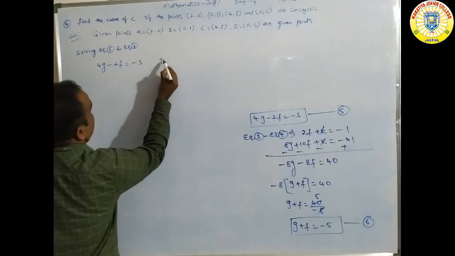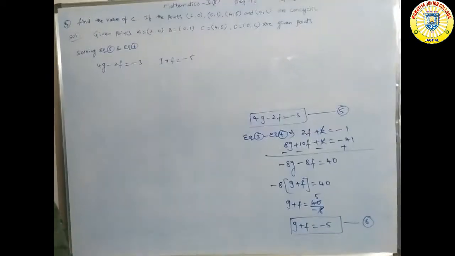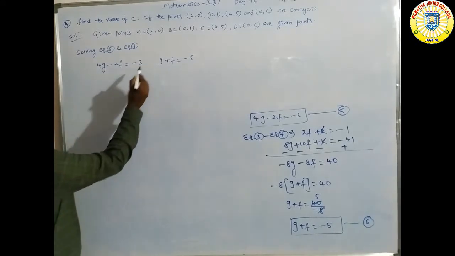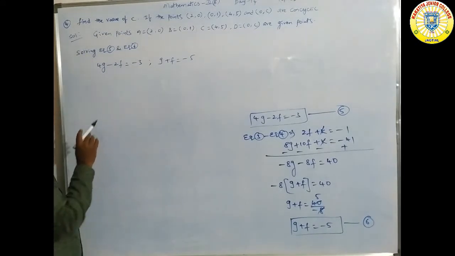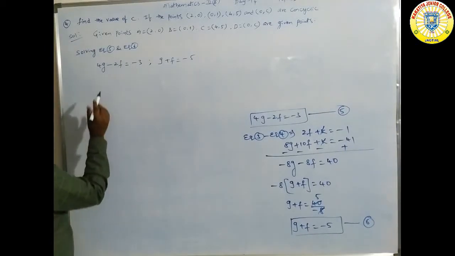Next one, g plus f is equal to minus 5. We are solving these two equations: 4g minus 2f is equal to minus 3, and g plus f is equal to minus 5.